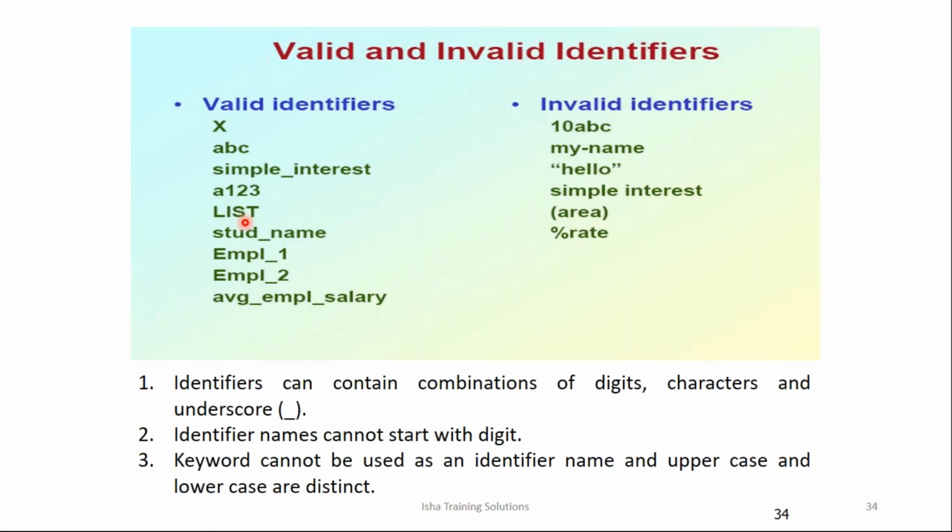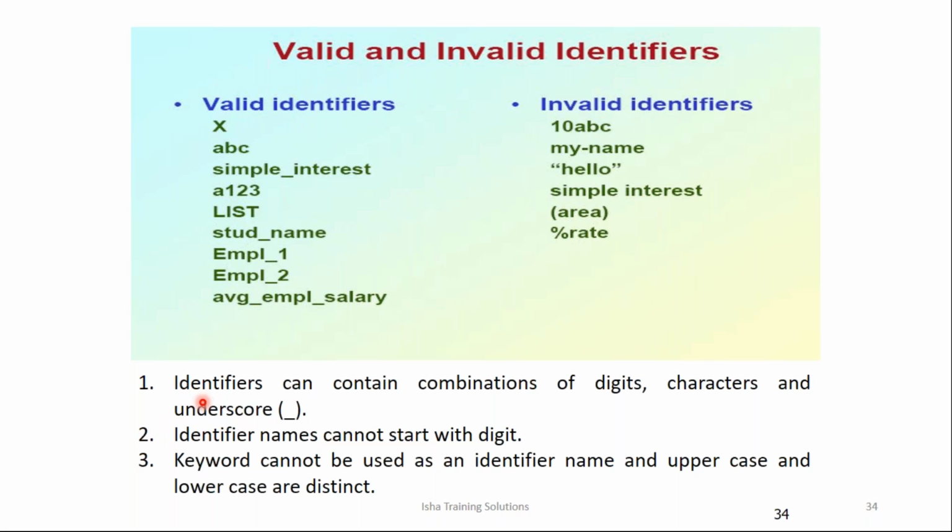Next, capital letters are accepted, underscore is accepted, everything is accepted without spaces. These types of special characters are not allowed here, and these types of braces are also not allowed here. So we need to understand, when declaring a variable, strictly the variable would be in this format, not in this format. So we have some valid identifiers and invalid identifiers.